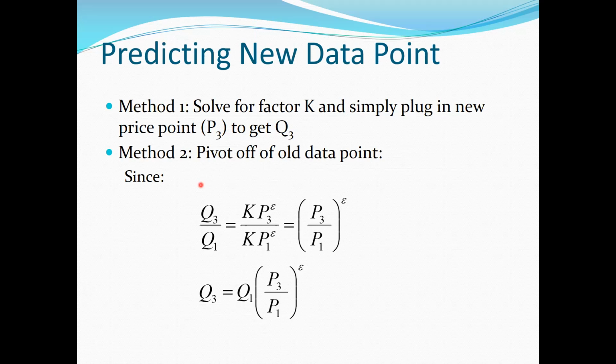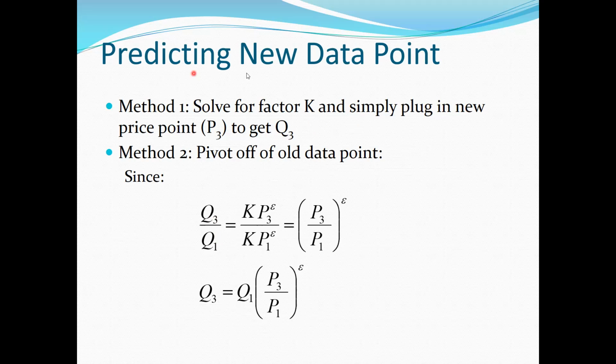But you can also pivot off the data point, because you know the exponential function is K P3 to the epsilon gives you Q3, and then Q1. What you're trying to do is, if the price changes to P3, what will be the given demand?